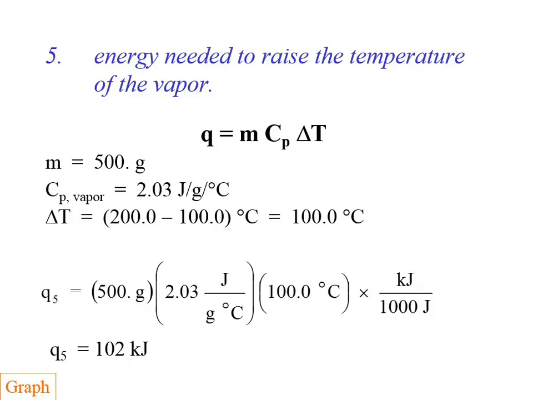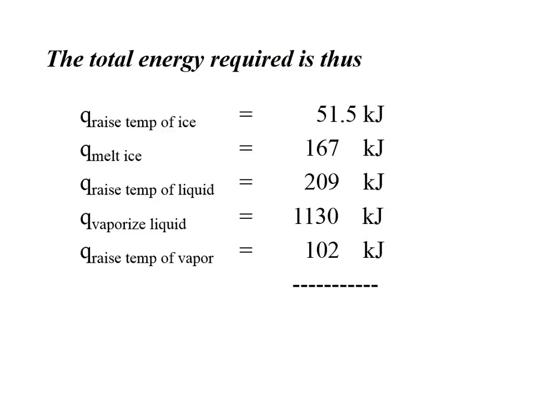Yay! Now we're ready to add those puppies up, because they tell an overall story of taking negative 50 degree ice to 200 degrees Celsius. So they all add up to, drum roll, we have to round to the nearest tens place, because of this one right here.